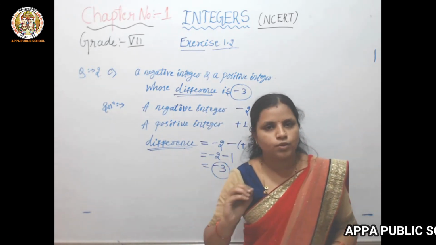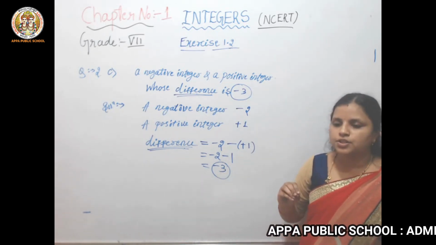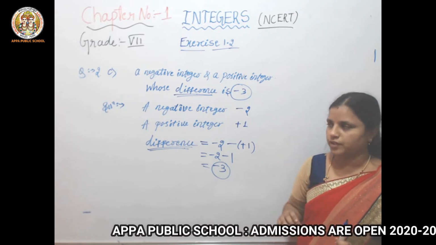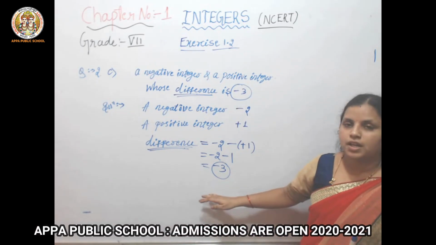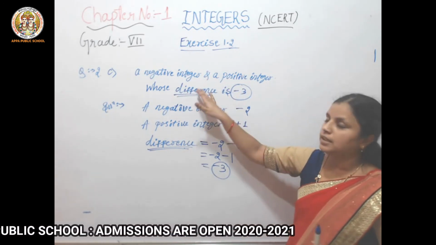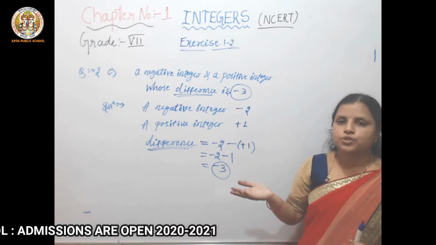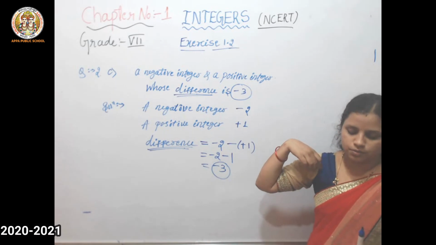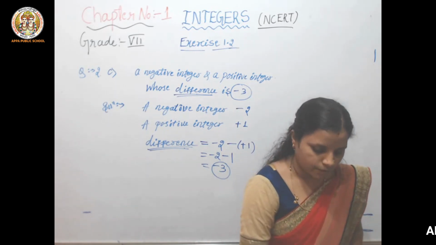In the first bit, there is no condition for the integers, but there is a condition like some difference. Whereas in the second bit we are having a condition for the integers, like both are positive, both are negative, one is positive, one is negative. This is regarding the second bit.